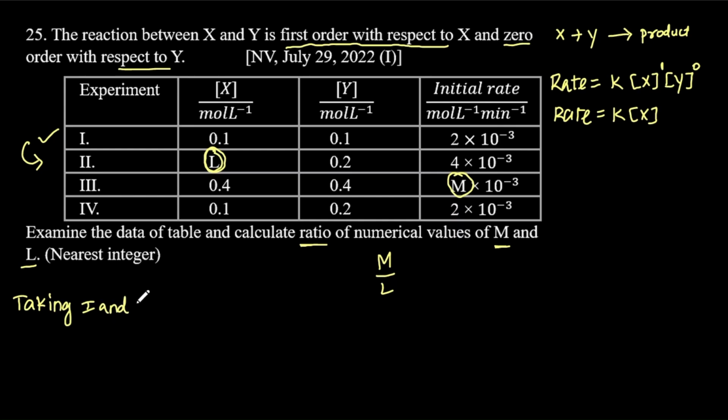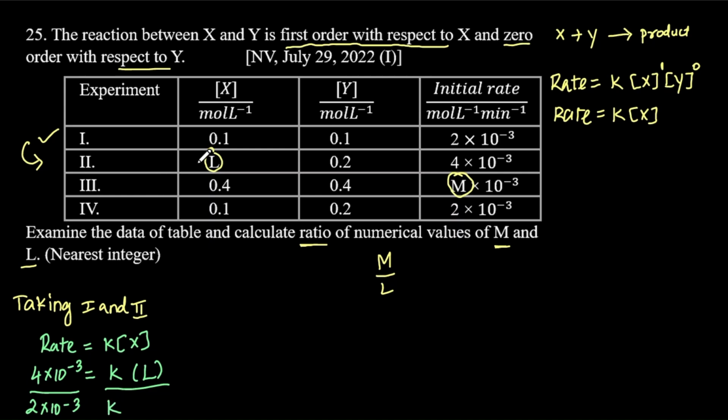So, we already found the rate. Rate is equal to K into concentration of X. So, in the second row, the rate is 4 into 10 power minus 3, which is equal to K into concentration of X, given as L. K into L. Whole divided by, in the first row, the rate is given as 2 into 10 power minus 3, which is equal to K into concentration of X, given as 0.1.